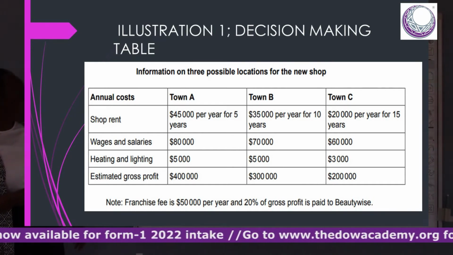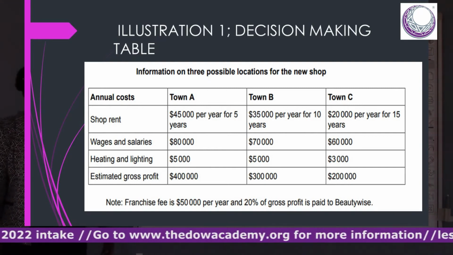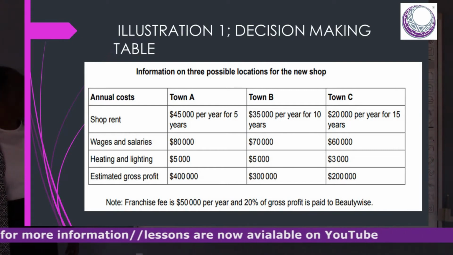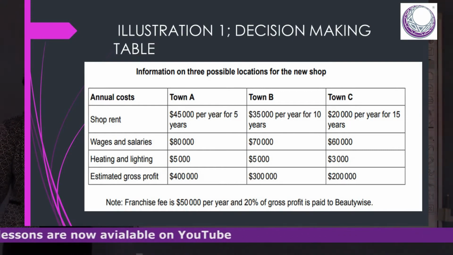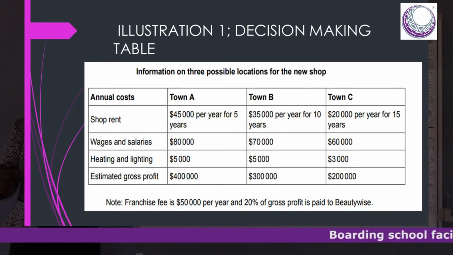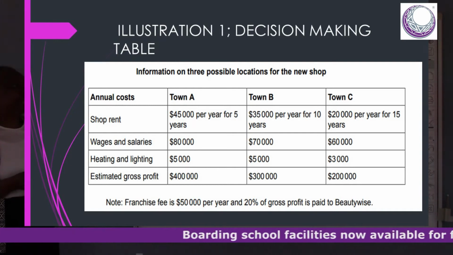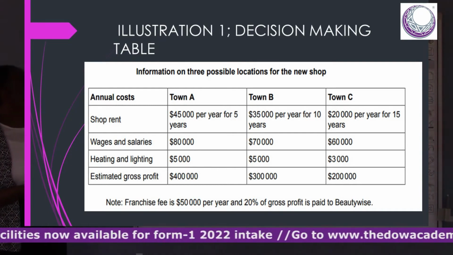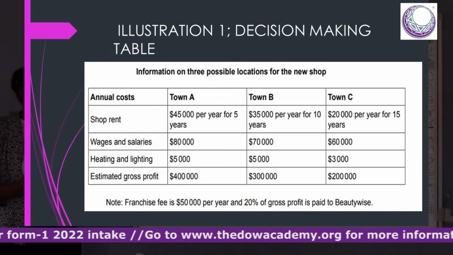So if you look at this table, most tables are given for decision-making purposes. Some have financial information, some have information about employment. Maybe there are 3 candidates for employment, but you will see that most of them are put in tabular form like this.